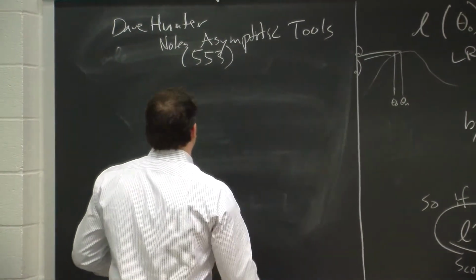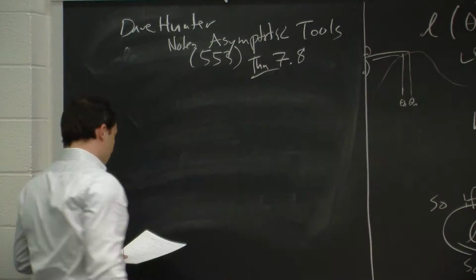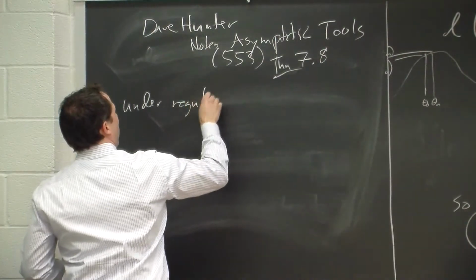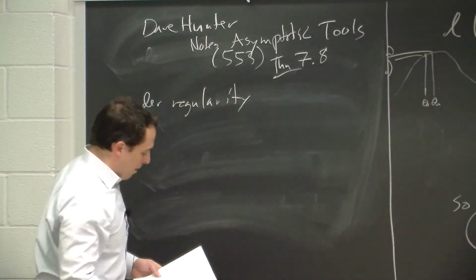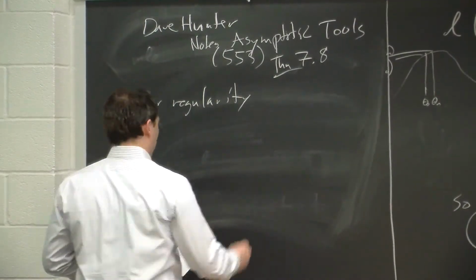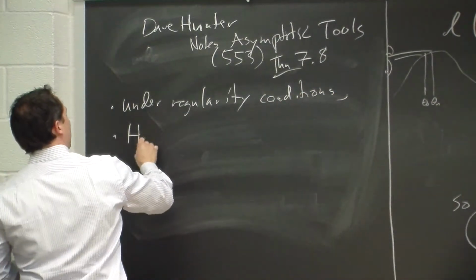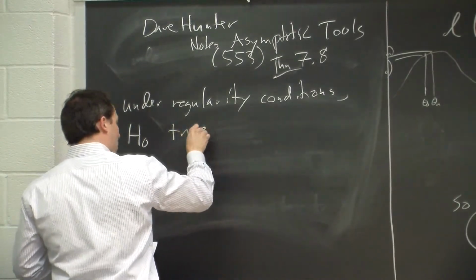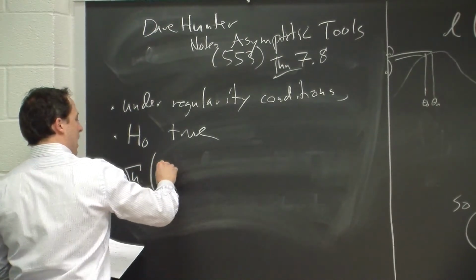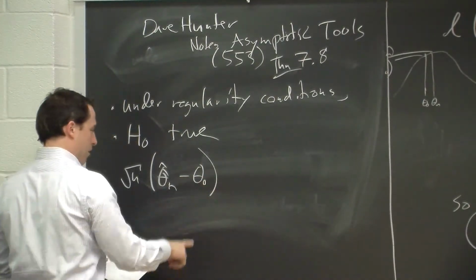But in, for example, this paper, in theorem 7.8, it says that under suitable regularity conditions, we have a nice probability distribution with a function that depends in a nice way on theta. Under regularity conditions and under the assumption that the null hypothesis is true, then the square root of n times theta hat n, this is the estimator as the sample size increases, minus theta naught, the null hypothesis version.